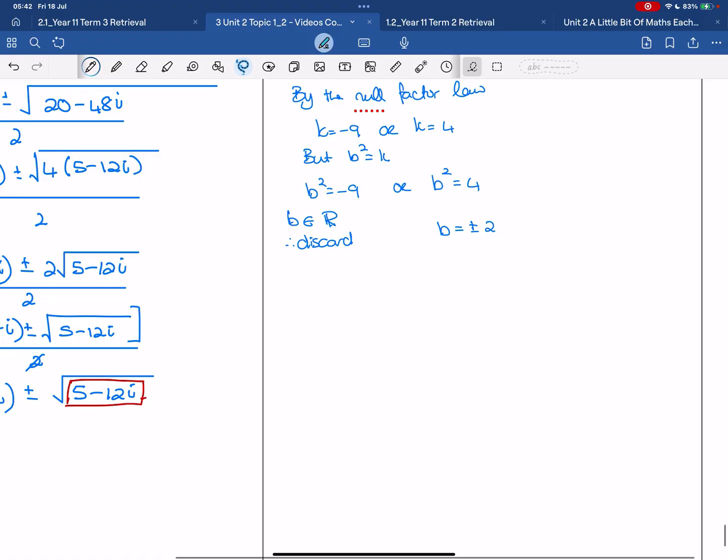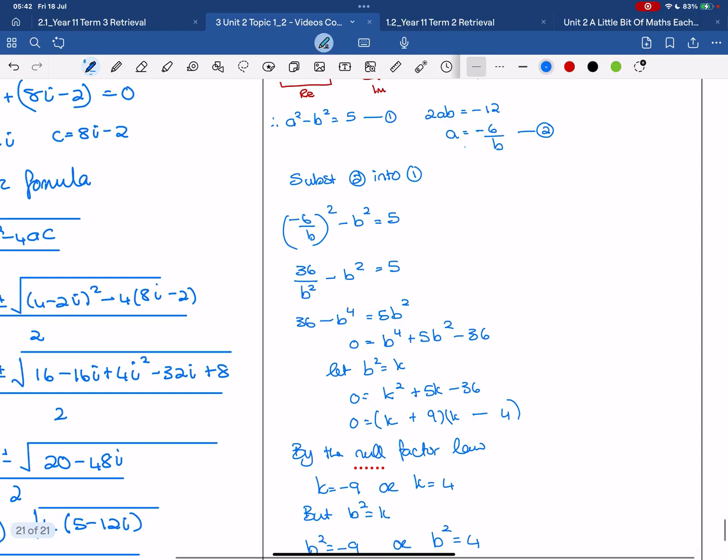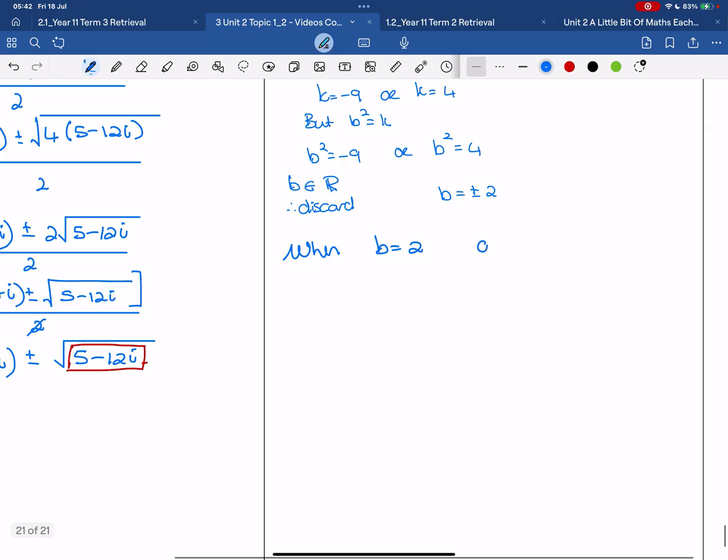Now, if I've got 2 values for B, that means I'm going to have 2 values for A. So I'm going to have to work it out. So when B is equal to 2, and we're going to use equation 2, A will be negative 6 over B, so A will be negative 3. And when B is equal to negative 2, A is going to be equal to 3.